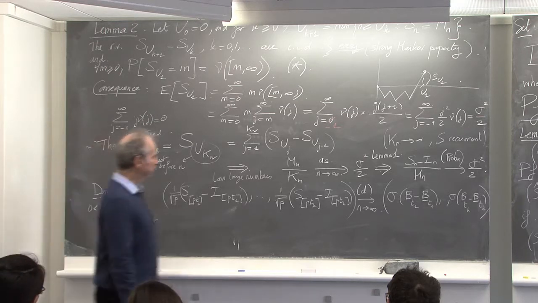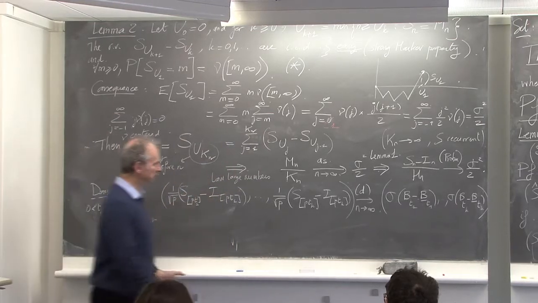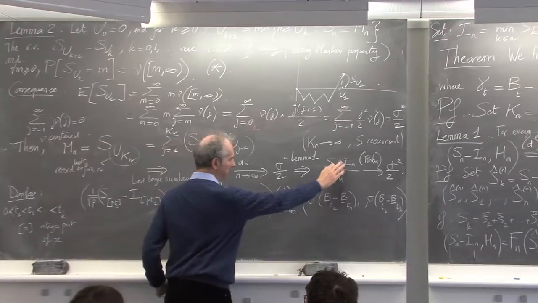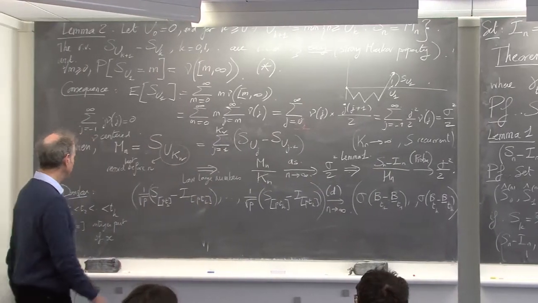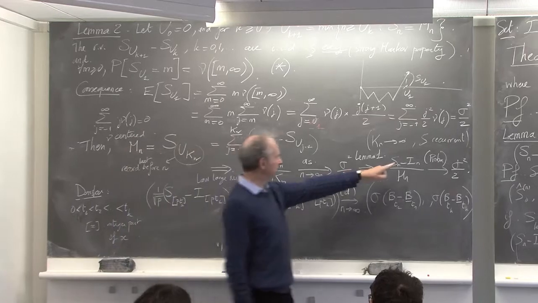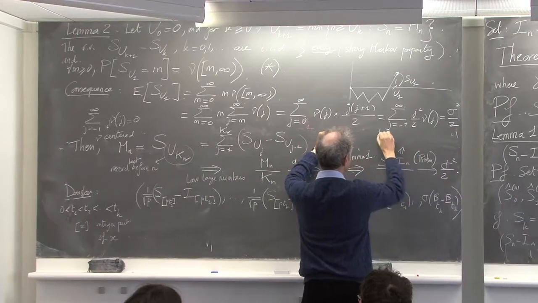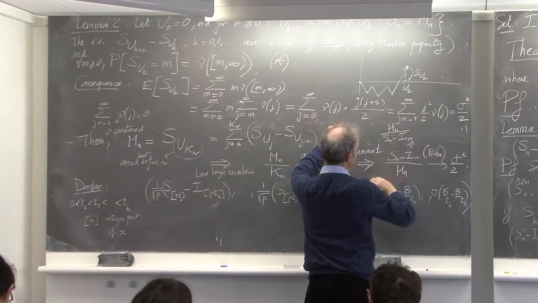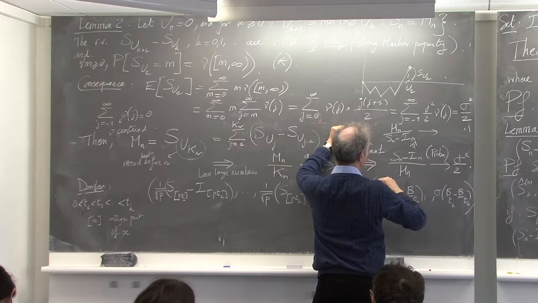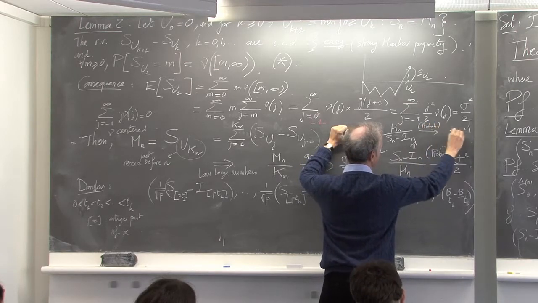So now what happens for, this is not the thing I want to study. The thing I want to study is H. But you see, you have this convergence in probability, or if you prefer, in the other way around, Hn over Sn minus In converges also in probability to 2 over sigma square.